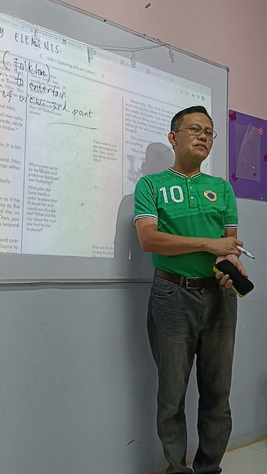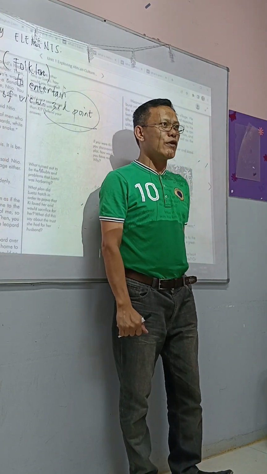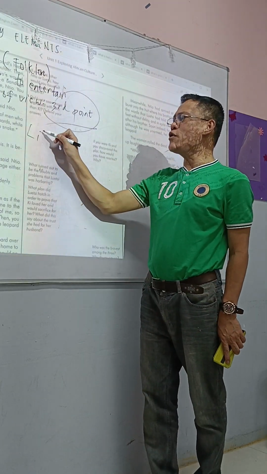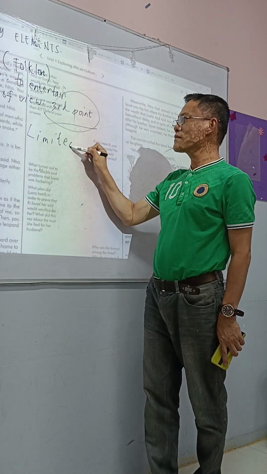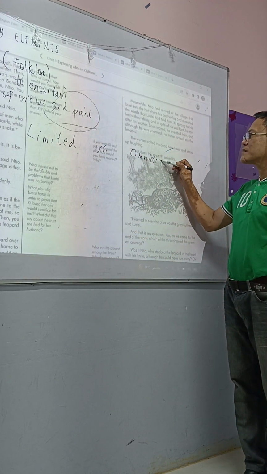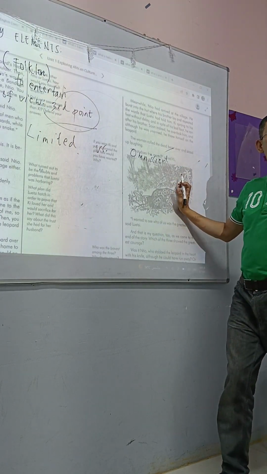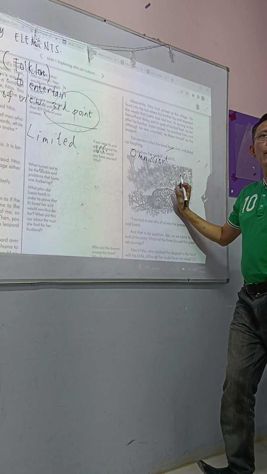Thank you, Simon. You said it is in a third point of view. Is it limited or omniscient? Why omniscient? Yes, Daphne. Because it has more than one character. Very good.